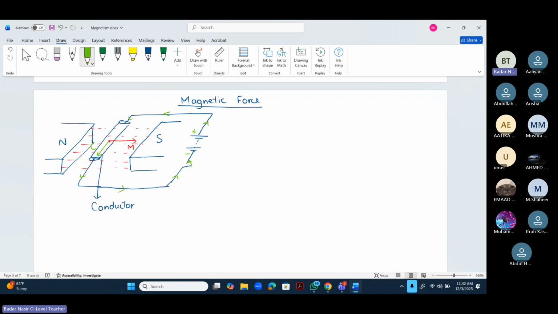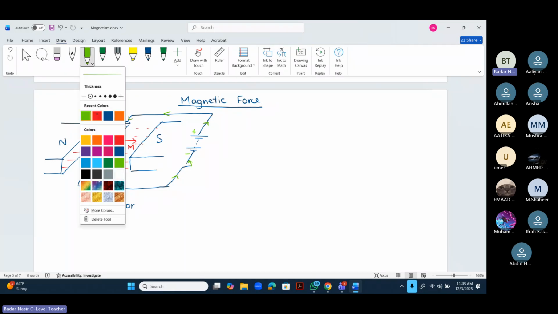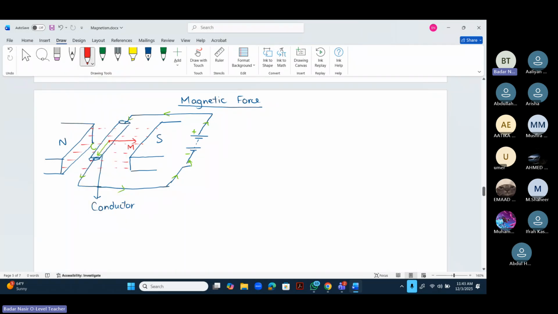Okay? Acha. Now please remember, beta, if there is a current carrying conductor placed inside a magnetic field, it will always experience a magnetic force. But on one condition, if they both are perpendicular to each other. So let's say if the magnetic field and the current is perpendicular to each other, it will experience a magnetic force.